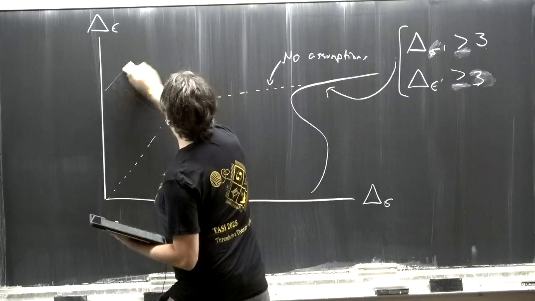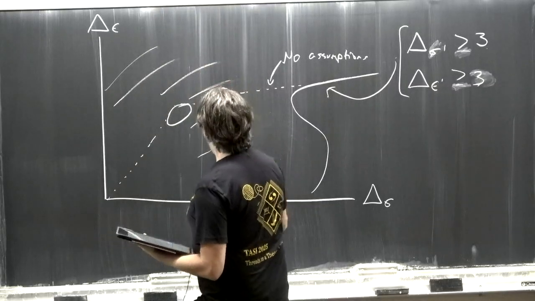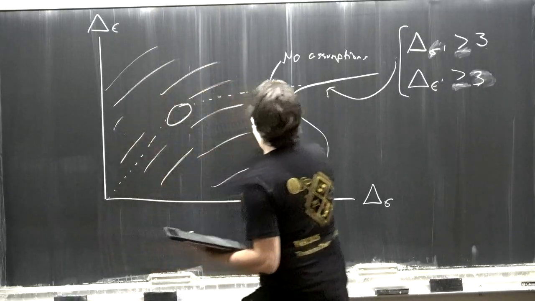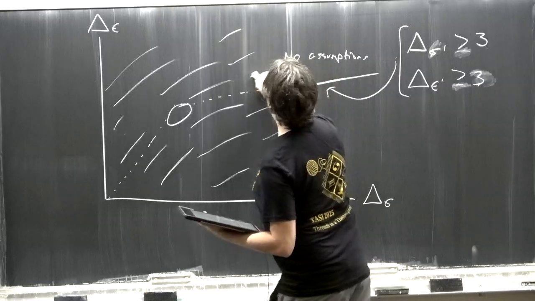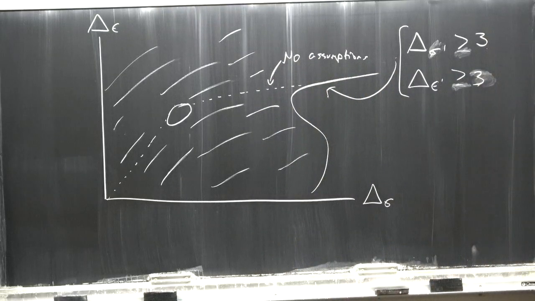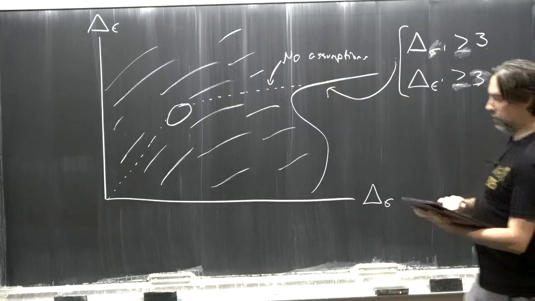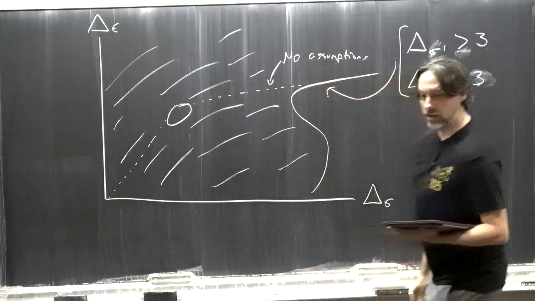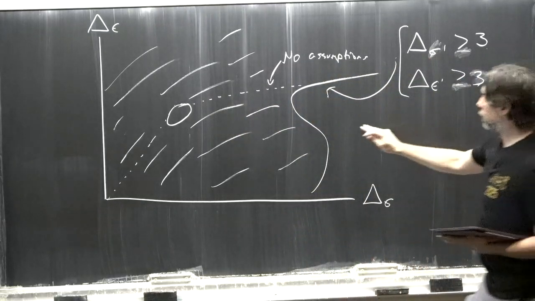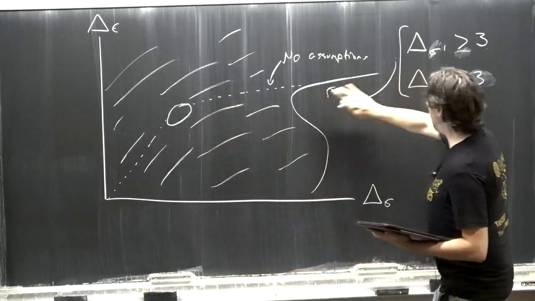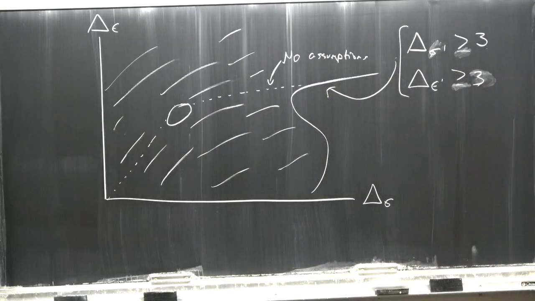So now everything out here is rigorously disallowed by the Bootstrap. We can find some functional that proves a contradiction, and everything in here, everything in this little island and in this bigger region, is allowed.